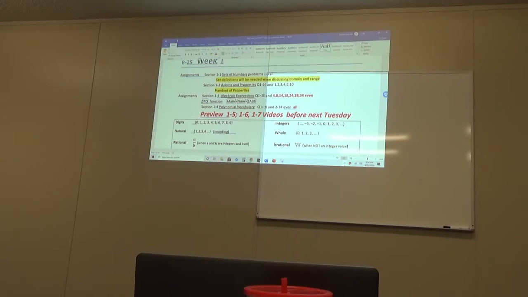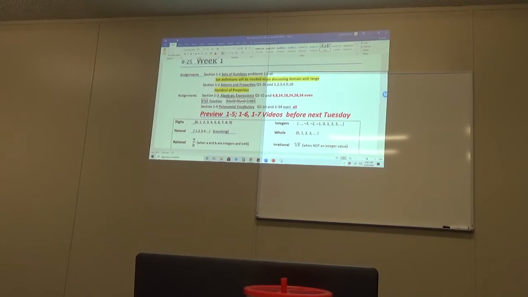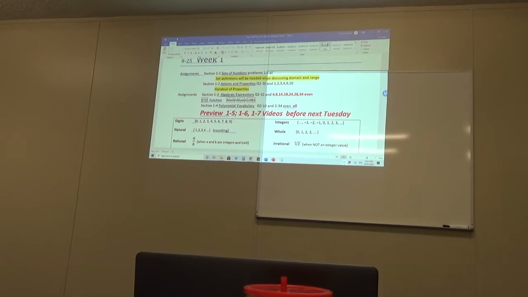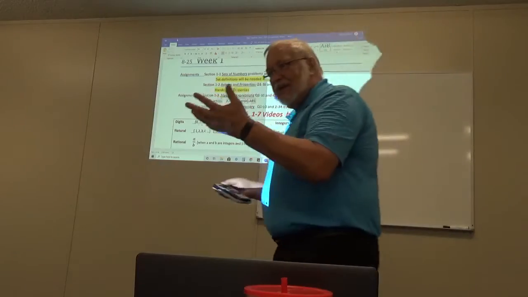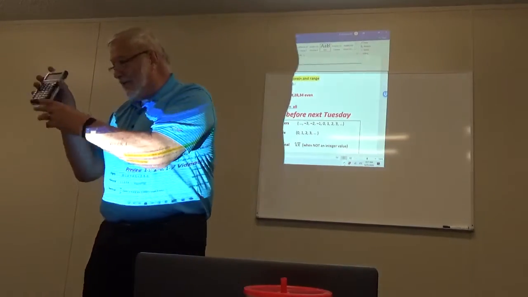Mine's an older calculator. Now, did all of you have to exit out of that and put the other bracket in it? Yeah. Okay, good. That tells me everybody's got the one version higher than this calculator, although they look the same.